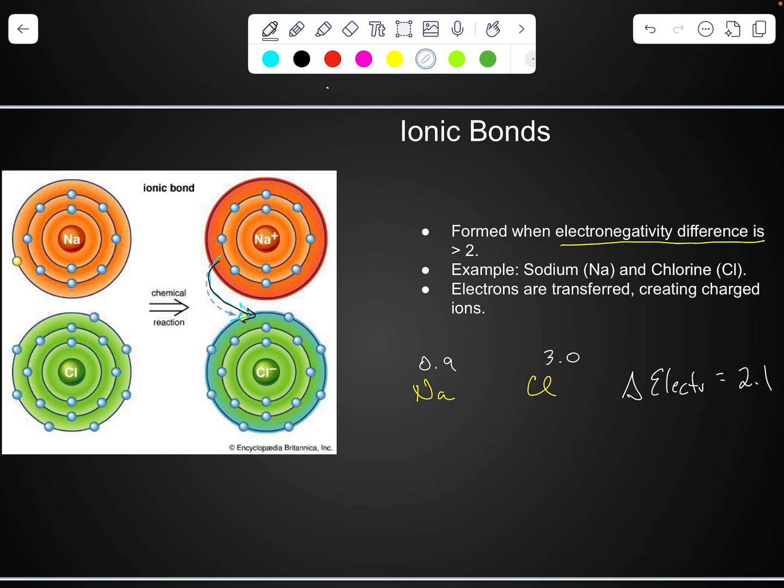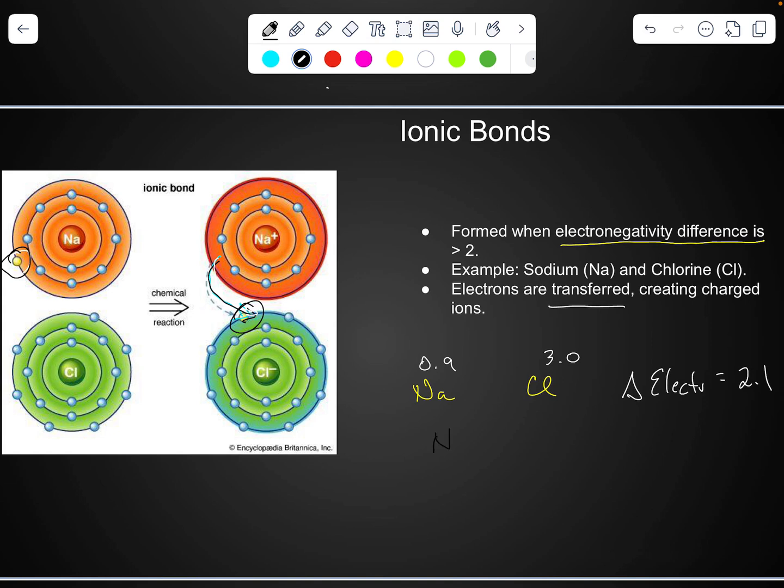Thus, this would be a type of compound that would be formed by transferring the electron. As you can see here, we have an electron that was present and it's being transferred here to the chlorine.